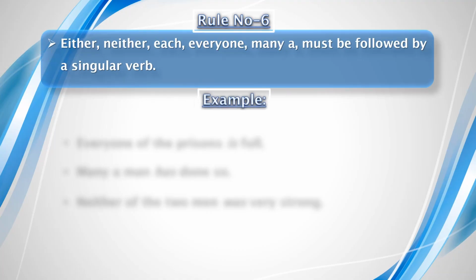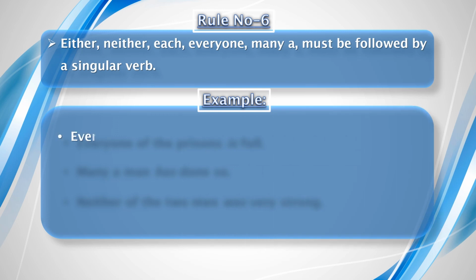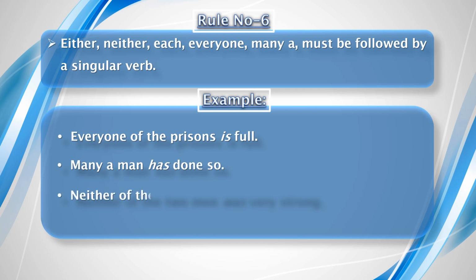Like every one of the prisons is full. Every one of the prisons is full. So many a man has done so. Many a man has, not have. So neither of the two men was very strong. So this is another.